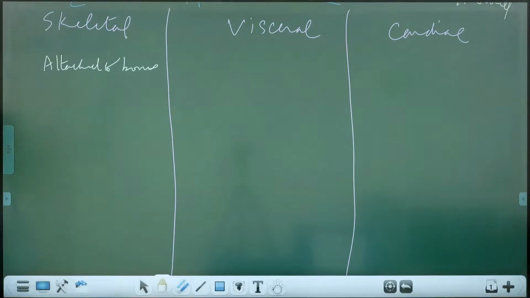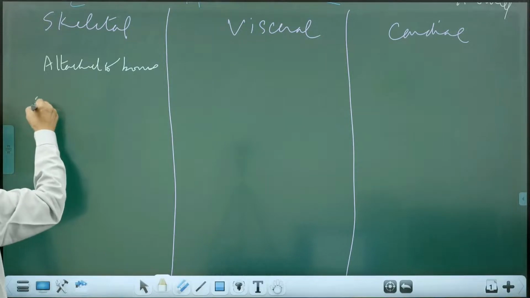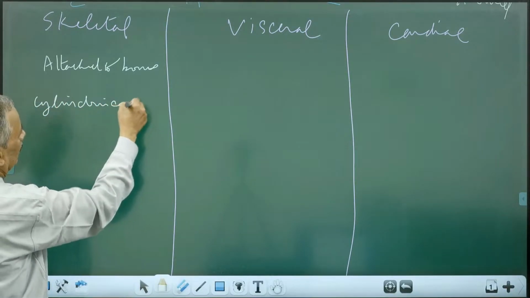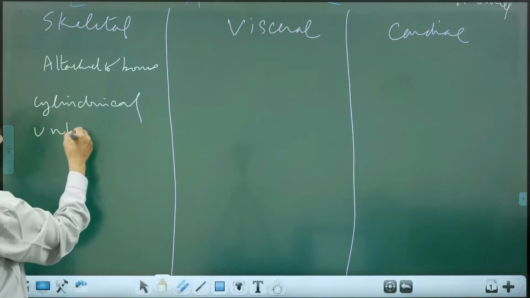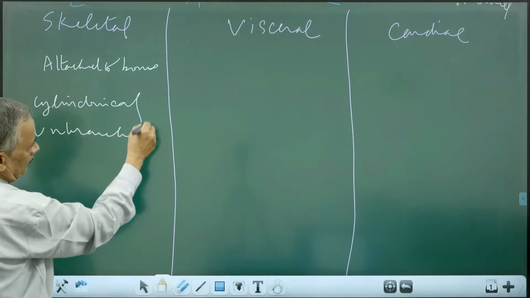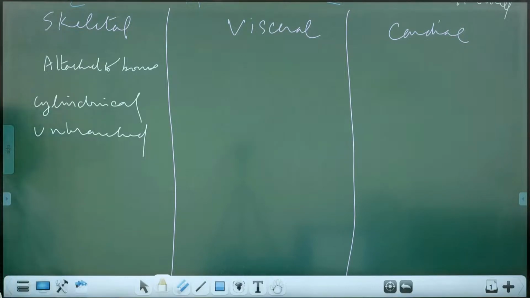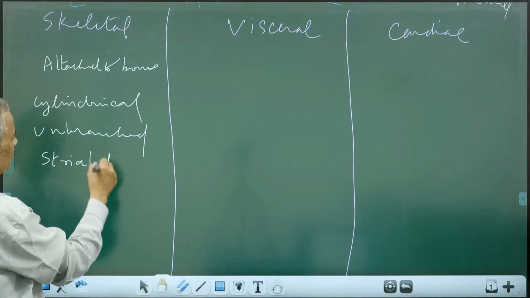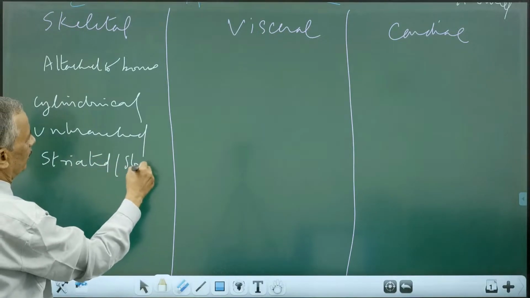Muscles consist of elongated structures called muscle fibers. These muscle fibers are cylindrical, unbranched, and they will be having a striated appearance, alternate dark and white appearance, striated or striped appearance.